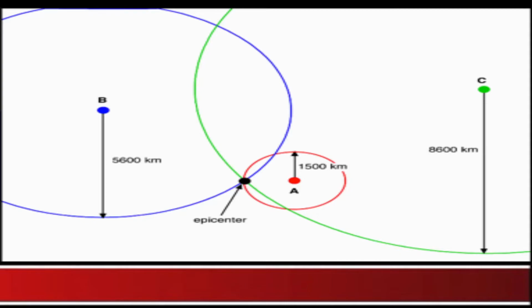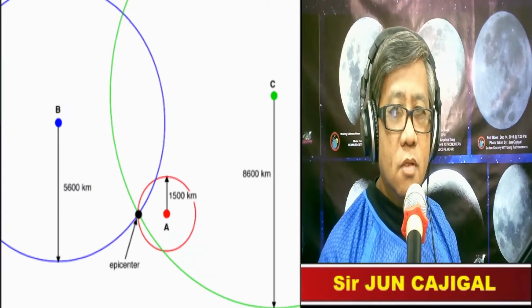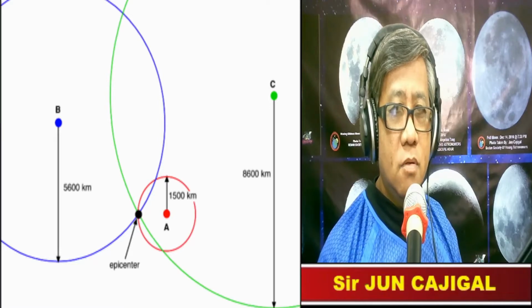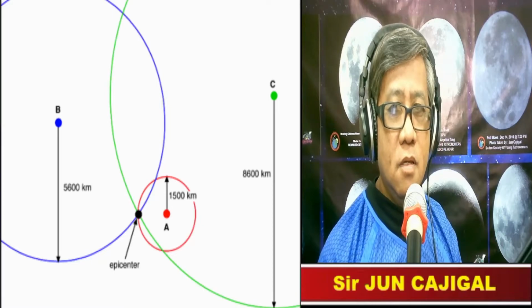So we have 3 circles. All right? Then the point where the 3 circles intersect, that is the location of the epicenter of an earthquake. Okay, so isn't that fascinating indeed?